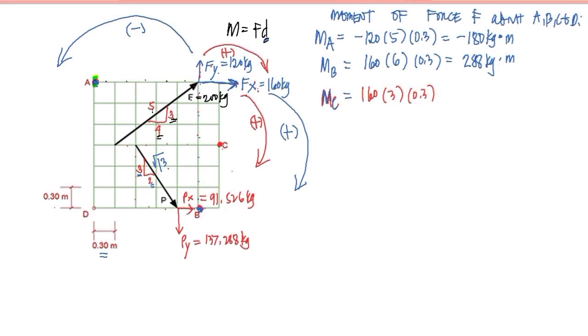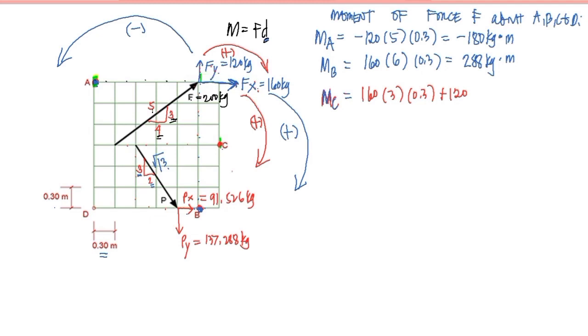And next, since the Fy here will also create a clockwise rotation, so that's plus Fy. Si Fy is 120. So, since yung Fy is vertical, the horizontal distance papunta dito sa point C ay ito yun. So, that's the horizontal distance.